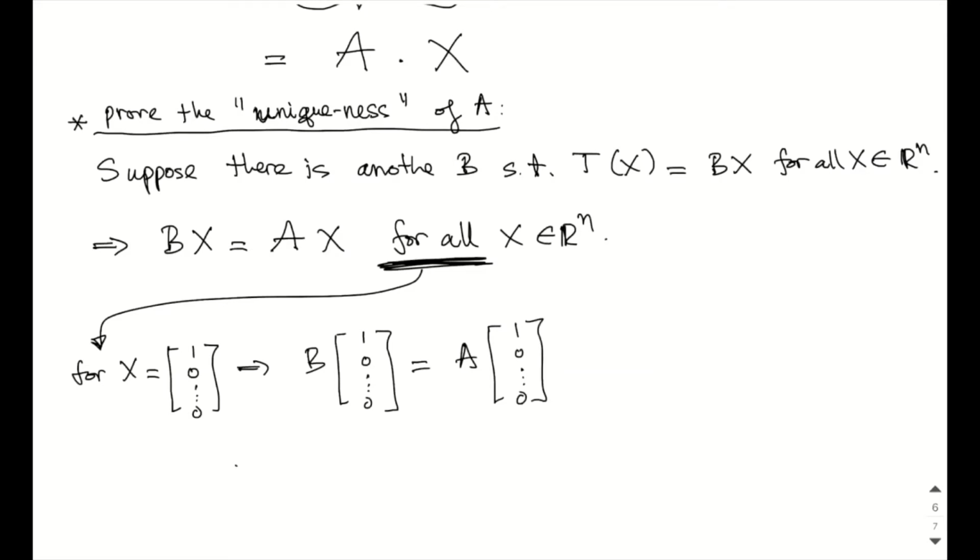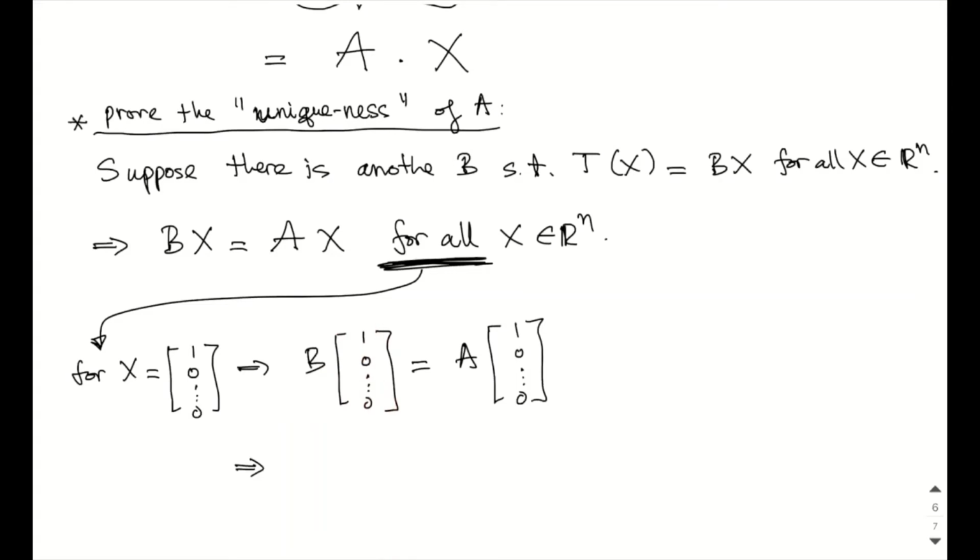But then by the observation that we made from the definition of matrix vector multiplication, when we multiply a matrix with a column vector, it's actually just the linear combinations of the columns of the matrix using the scalars provided from the entries of the column vector.